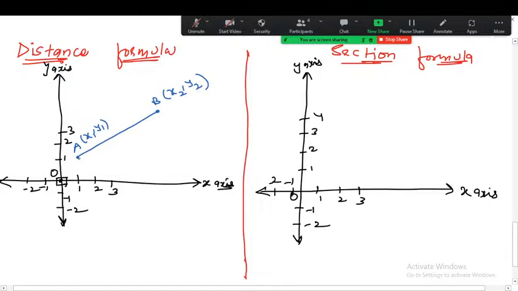If you draw a perpendicular here like this, and a perpendicular here like this, you will call this y2, and you will call this y1. Okay, are you okay with this? You will call this distance x1 and you will call this entire distance x2. I think you must be okay.